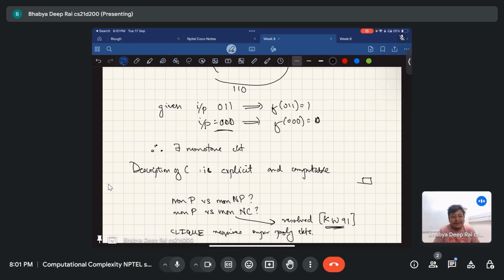Monotone as an approach to separate P versus NP may not be a good place, but it is still an important restriction. There are several conjectures and theorems known about monotone counterparts of classes.